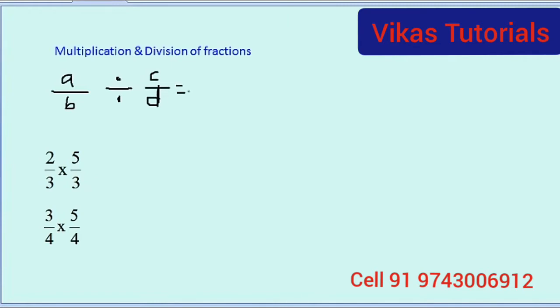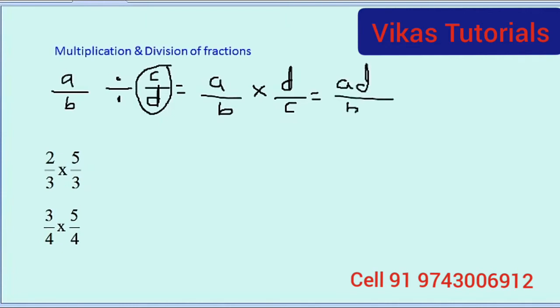Here what you have to do is first write the number a by b, that is the first fraction, then put a multiplication sign, and for this second fraction you just write the reciprocal. Reciprocal of this c by d will become d by c, then multiply it. A into d is ad and b into c is bc. This is about division. Further I will solve some examples of division and you will come to know about this.